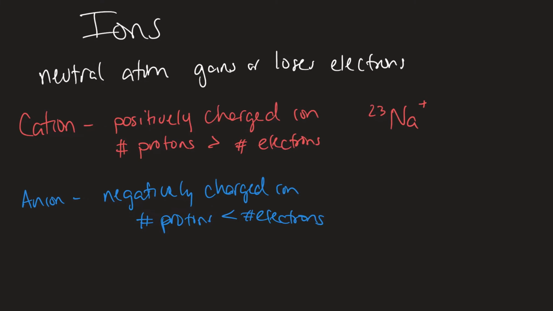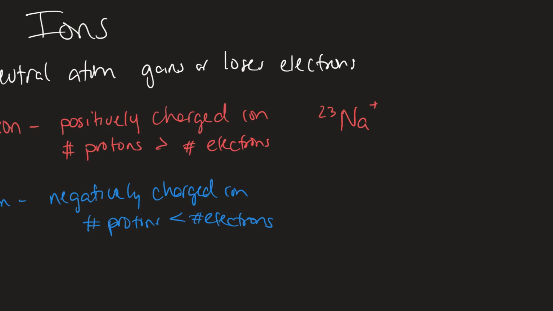Here's another example. You have magnesium 24, and then we could put a 2 plus. This simply tells us that there are 2 more protons than electrons, while the sodium shows that there is 1 more proton than electrons.